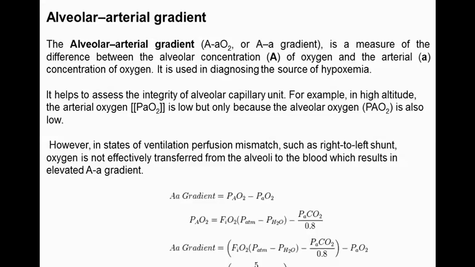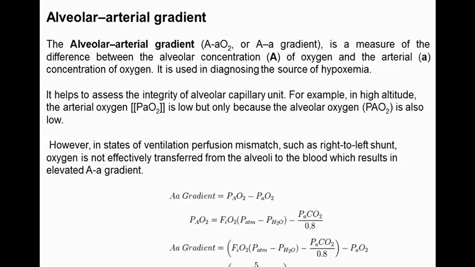If there is a problem in diffusion, that's so. But if there is a problem in ventilation, COPD, asthma, what will occur? The CO2 will rise. Once the CO2 rises, what about the alveolar oxygen pressure? Excellent, because the CO2 molecules are much higher, so the pressure of oxygen in the alveoli will be lesser. So easy.